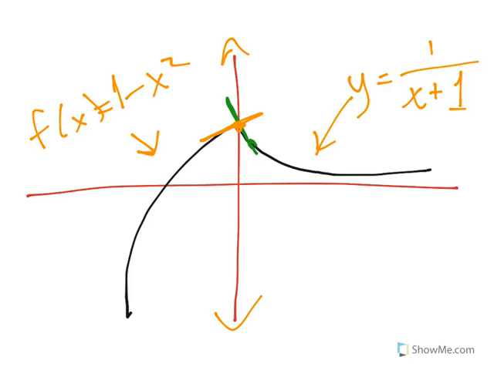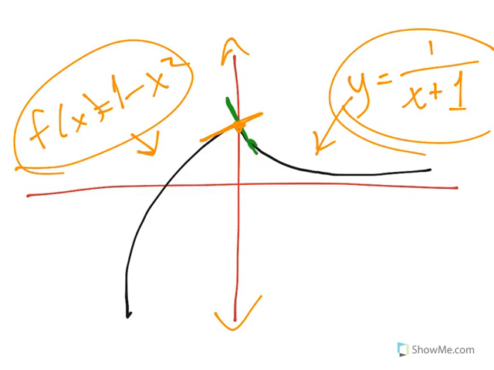Something to keep in mind is that this is a function. This piecewise collection of these two pieces turns out to be a function because it is defined everywhere, the x values do not repeat, and all of that good stuff.